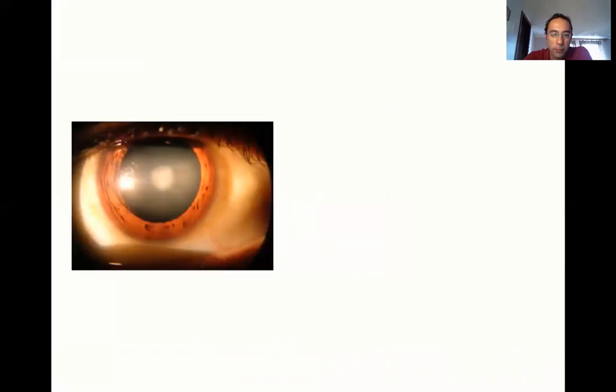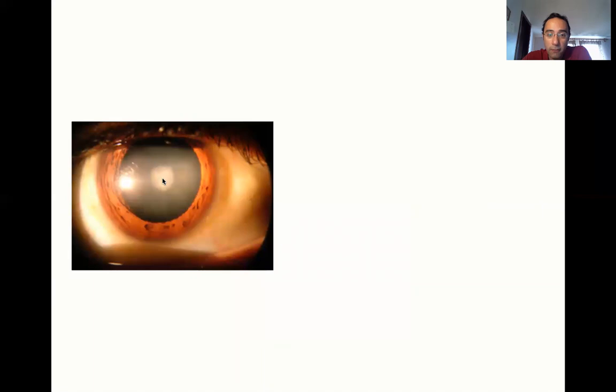Let's have a look at this picture. This is a picture taken from a biomicroscope with a broad beam light. So this is the reflection of the light, and it's a broad beam light. So I cannot see if the arrow on this picture is pointing to the cornea or anterior chamber or lens.